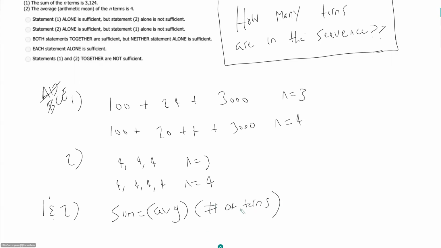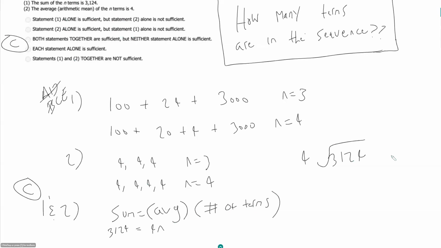So if this is what we are looking for, right? Well, we know our sum is 3,124, and the average is 4. And then number of terms is just n. So we know our number of terms is 3,124 divided by 4. So this is going to be sufficient together, and C is our answer.